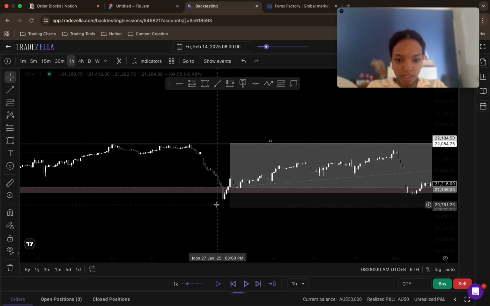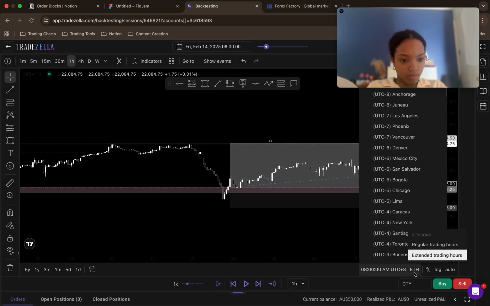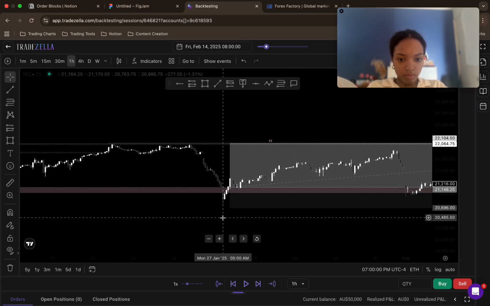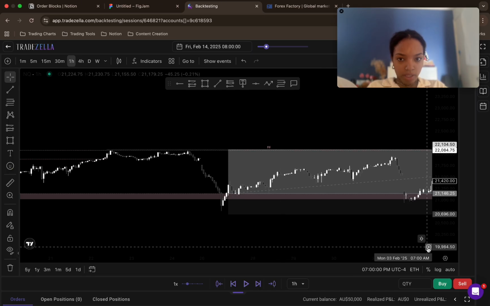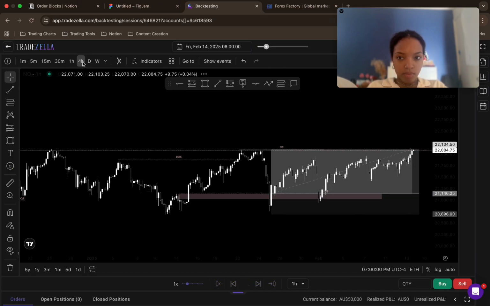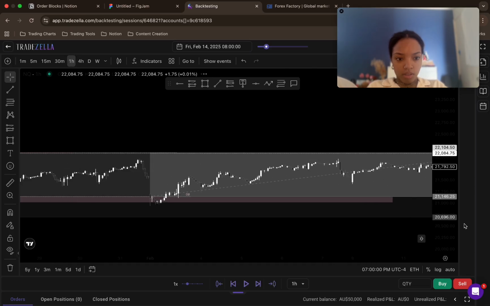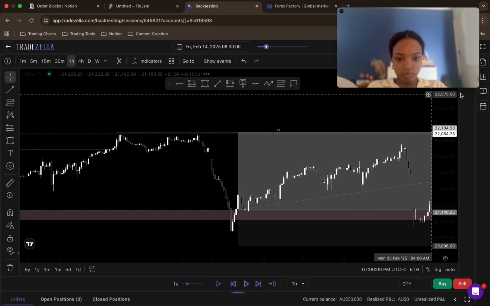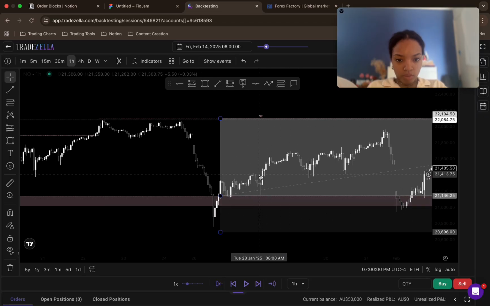So we hit that at 6 p.m. So what session was that? We need this to be New York. So we hit at 5 a.m. But what we should have done is waited for this breaker structure here.